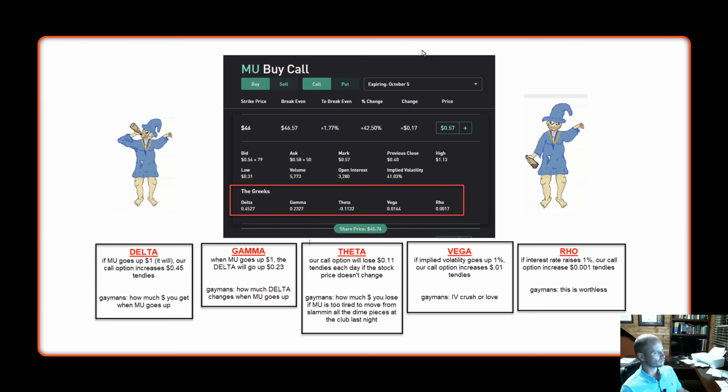Probably the most important one is going to be delta, and delta being used in the way of probability of expiring in the money, I would say. So that would probably be the most important one for the way we trade. But yeah, like I said, that's just a quick down and dirty on what drives the option prices, how they work.